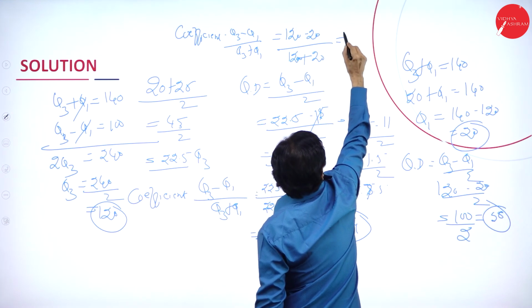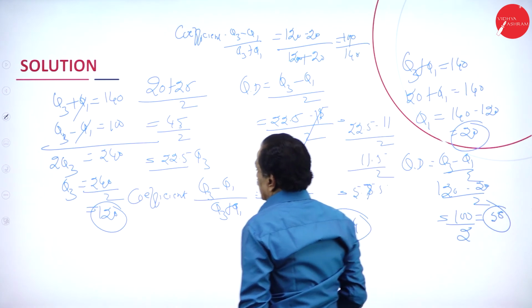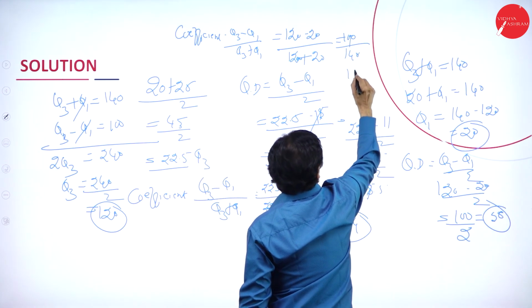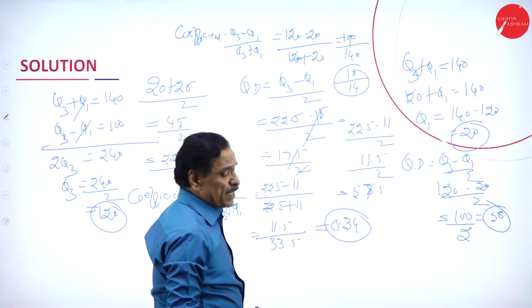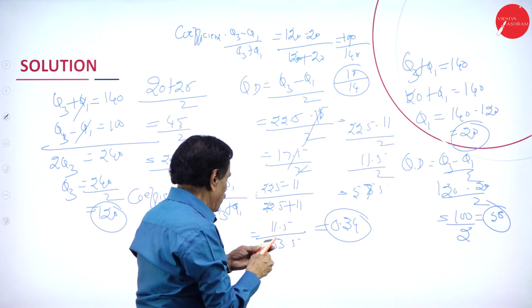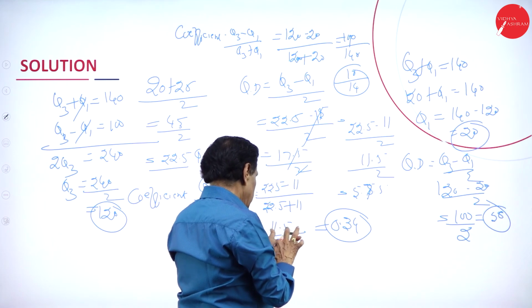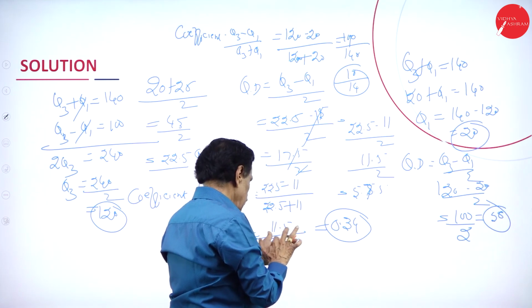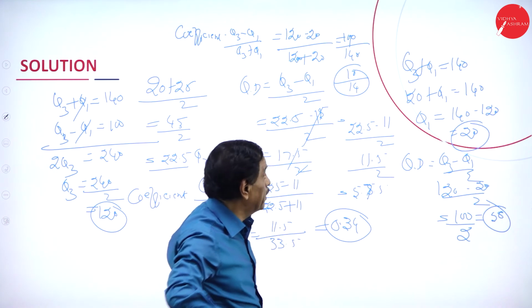This is 100 divided by 140. Cancel the 0. 10 divided by 14. Simplify this. It will come 10 divided by 14. Simplify. I think this is 0.71. 10 divided by 14 is equal to 0.71.